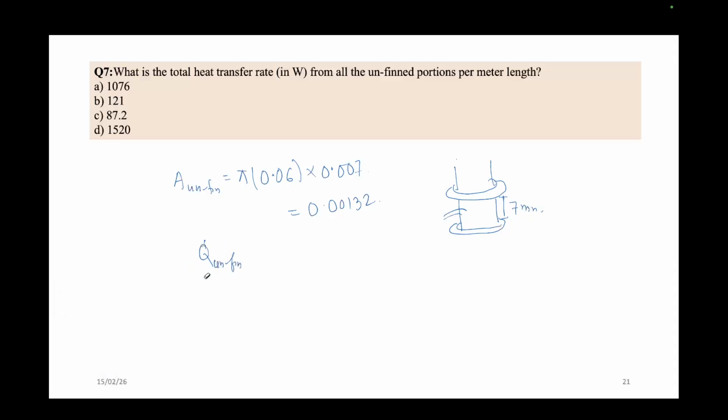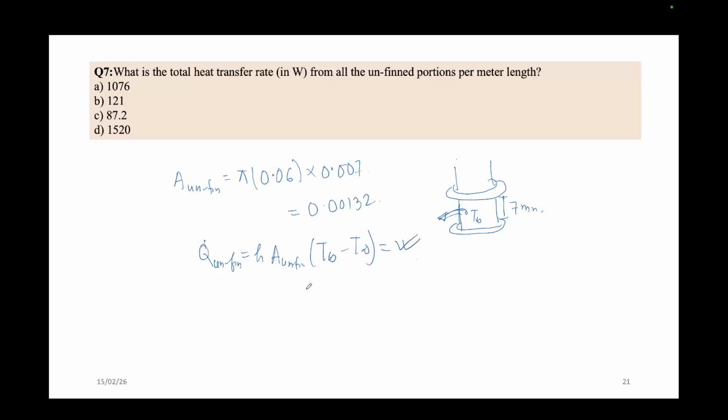So I am saying the heat transfer from this unfin area, the convection, is directly taking place. So the base area is okay. So you can take the formula h A, Tb minus T infinity. So you will get a value.